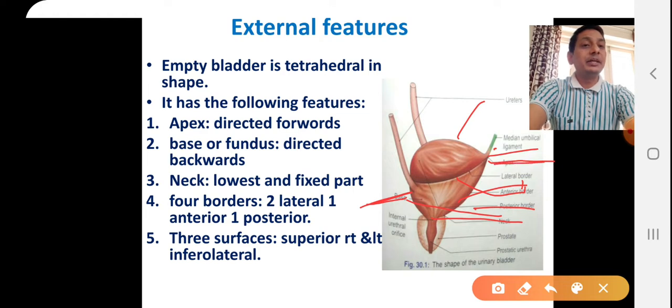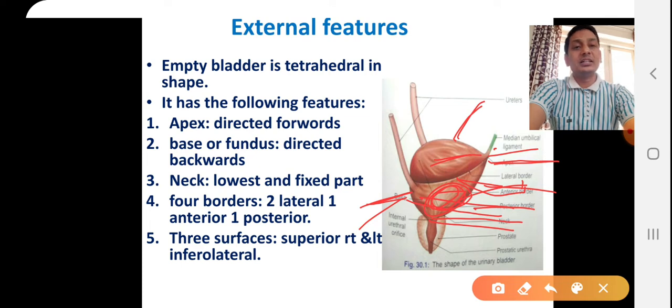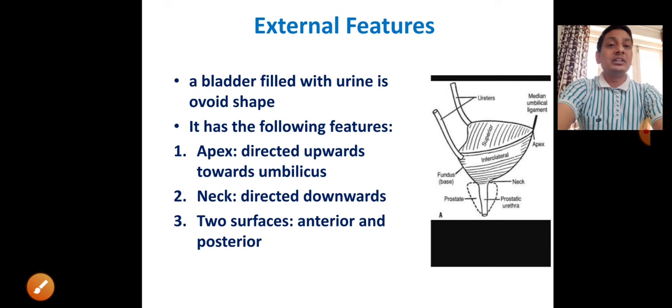It has an apex that gives attachment to the median umbilical ligament, a base, and a fixed part, the neck, and four borders. It has three surfaces: the superior surface, and the right and left inferolateral surfaces. These are the features of the tetrahedral shape.